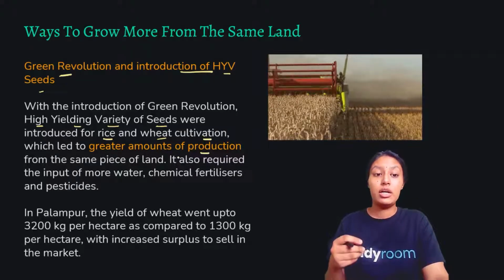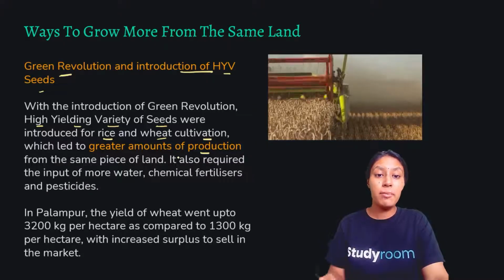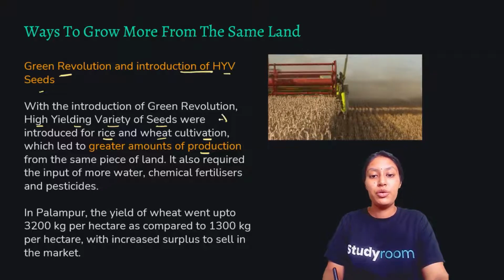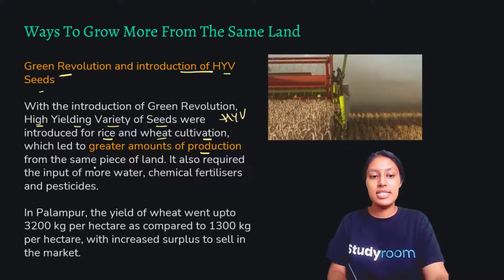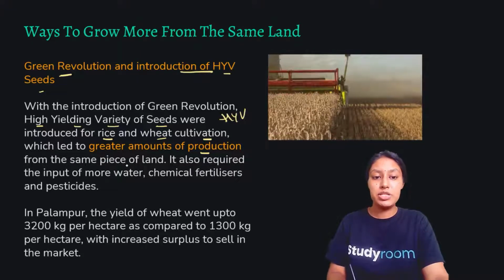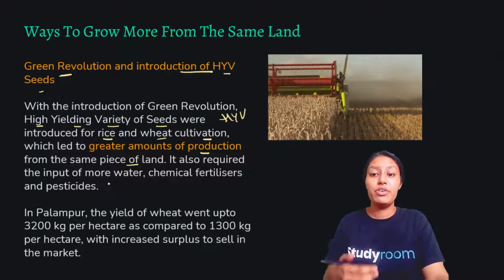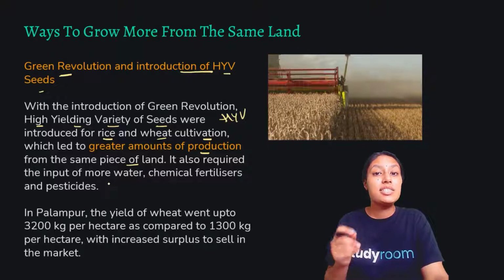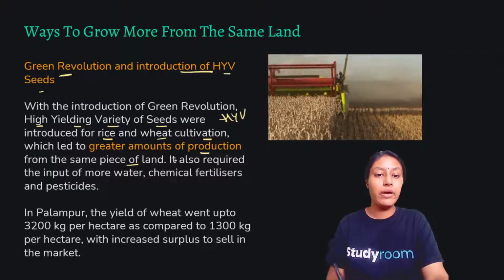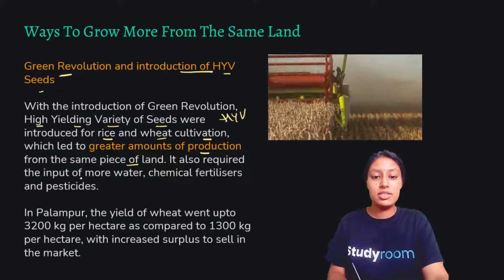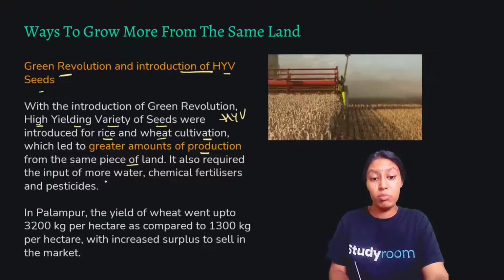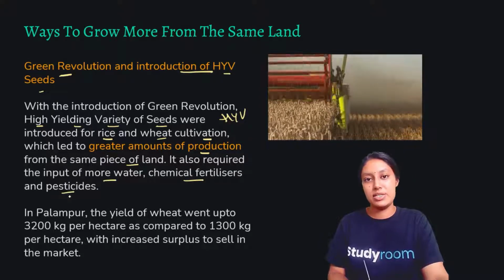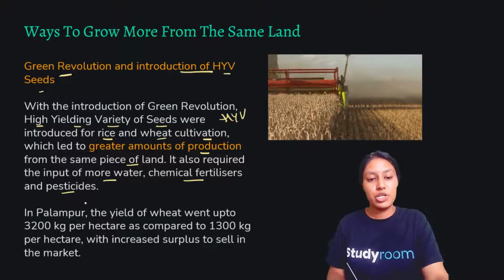The production has increased due to HYV seeds, for the same piece of land. It's not that they introduced new land for this, they introduced a new type of seed for this purpose. And this seed required more input, chemical fertilizers and pesticides, for better production.